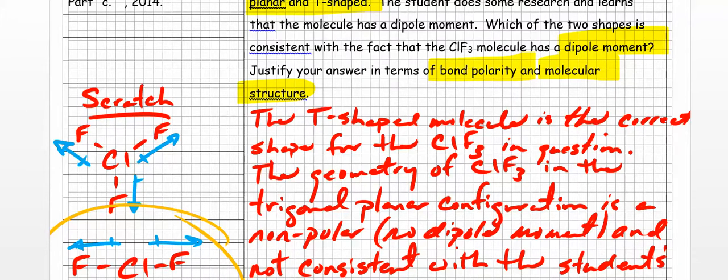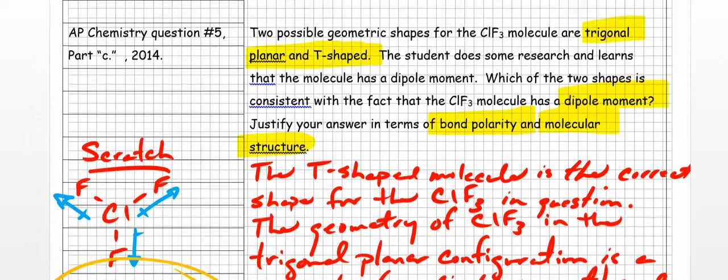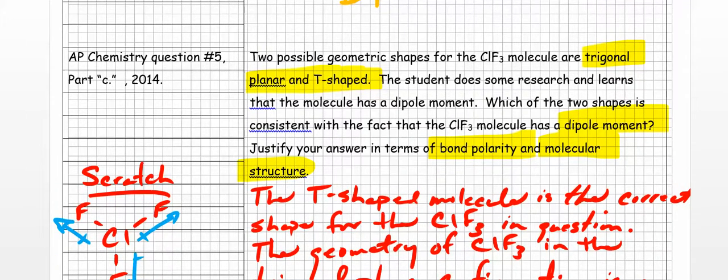All right, here we go. It says two possible geometric shapes for the ClF3 molecule are trigonal planar and T-shape. Got that. The student does some research and learns that the molecule has a dipole moment. Which of the two shapes is consistent with the fact that the ClF3 molecule has a dipole moment?